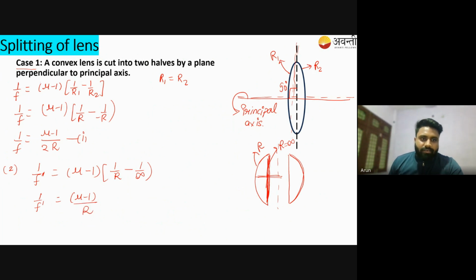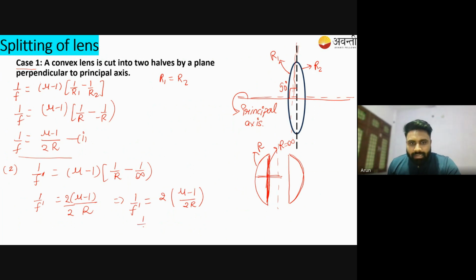If you multiply and divide this term by 2, it appears as 2 times mu minus 1 over 2r. And this mu minus 1 over 2r is nothing but 1 upon the focus before splitting.